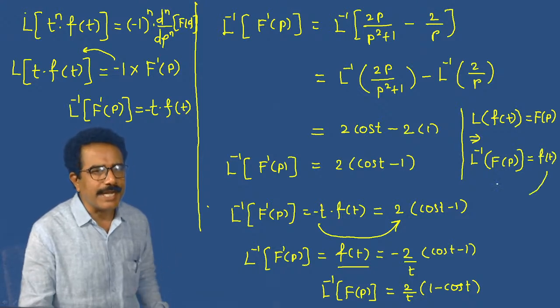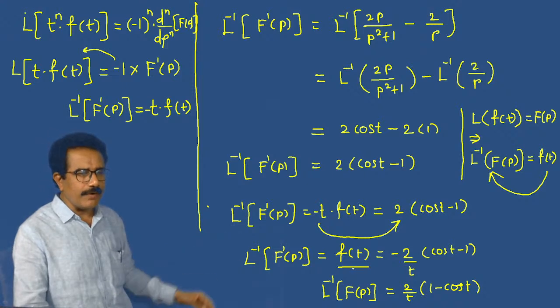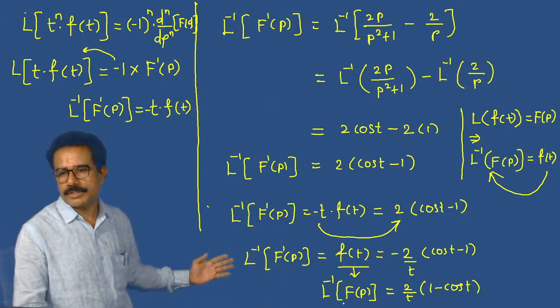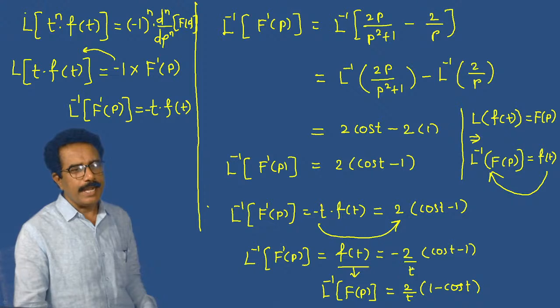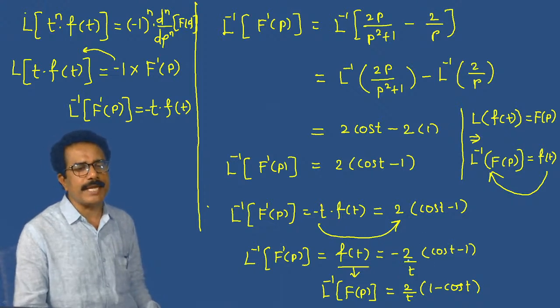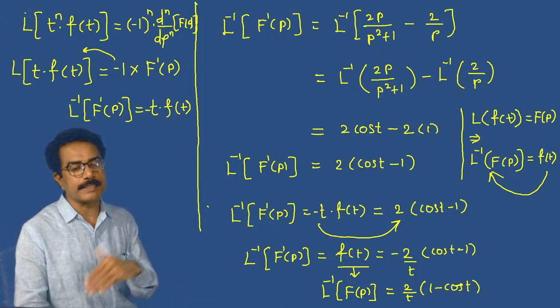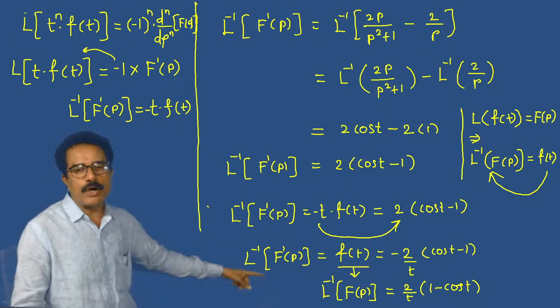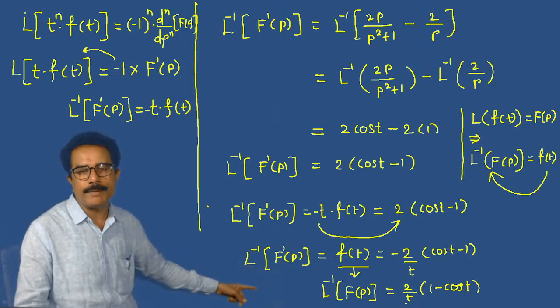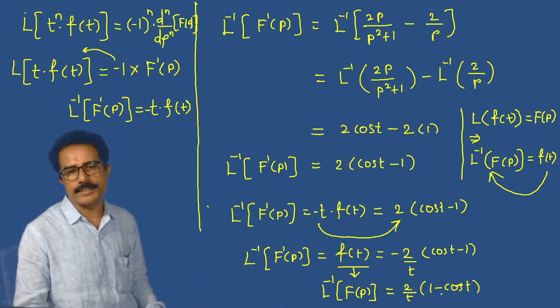Taking minus common, our final result will be 2 divided by t into 1 minus cos t.